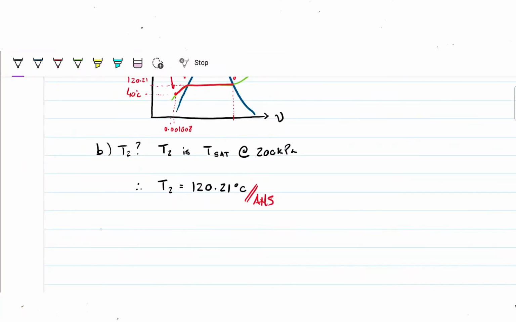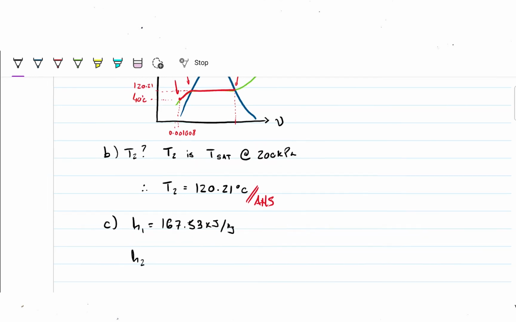167.53, and that is in kilojoules per kilogram. And for state 2, I need to go to the same place where I grabbed this, and I'm going to grab H2.